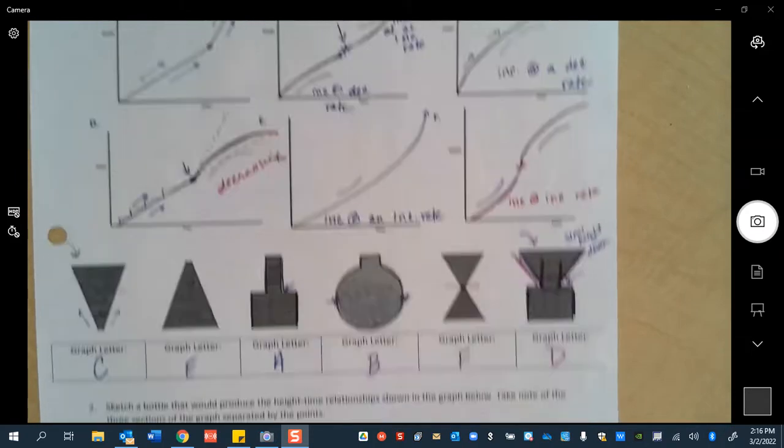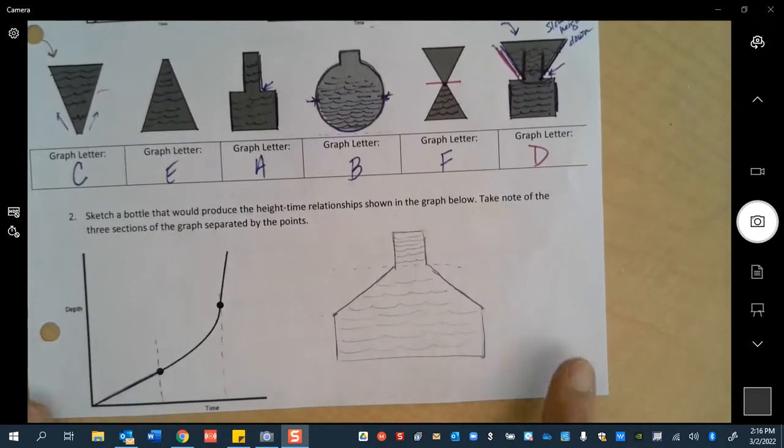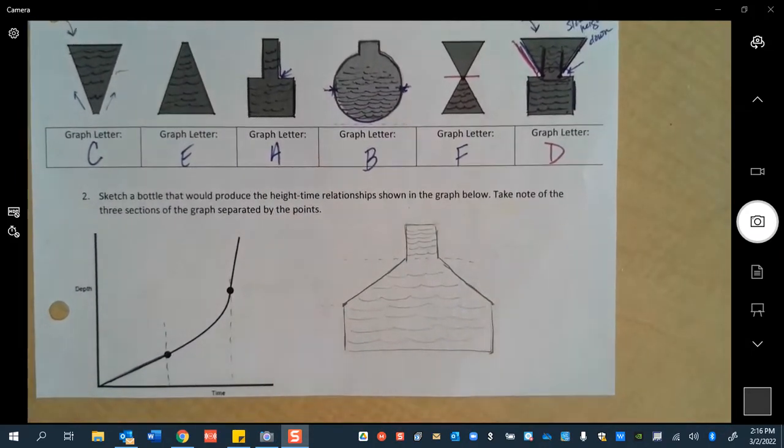All right. The bottle should look like this. Here is linear. And the bottle has to be kind of fat because it's going up at a slow rate. So you would have a wider bottle.